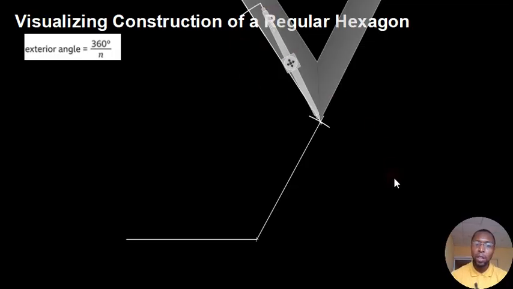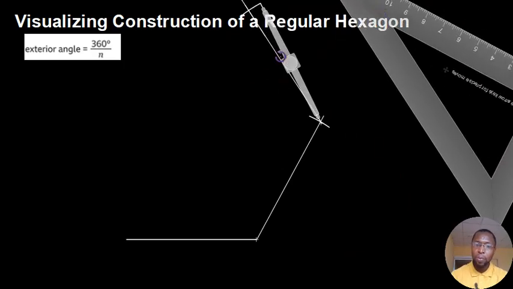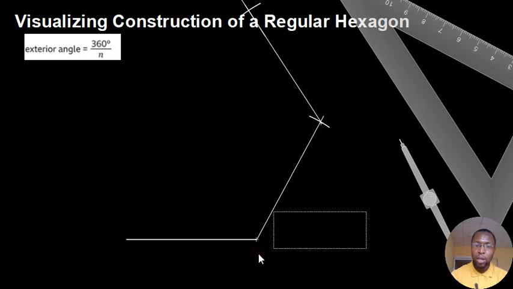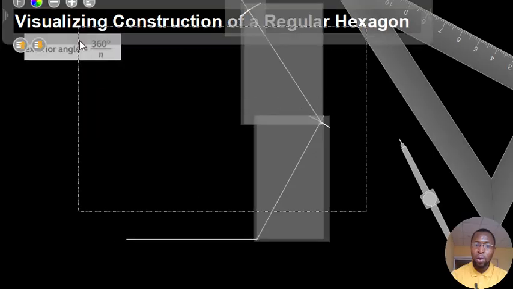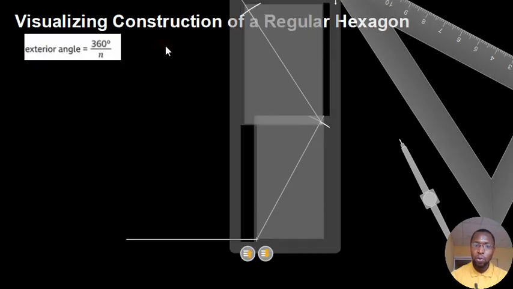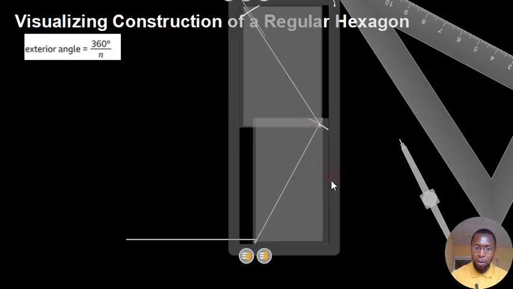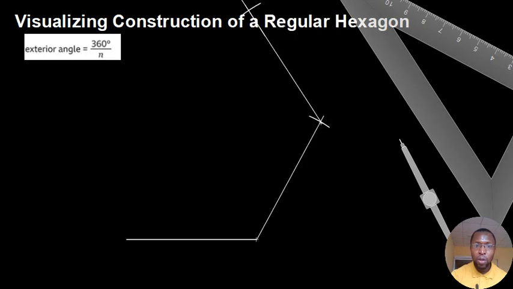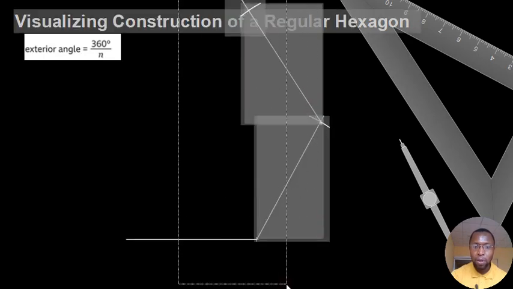So to make it easy for us, I'm going to take away my compass too. I'm going to select what we just did now so that we can be together. Okay, so for us to see it together, let me make it visible.